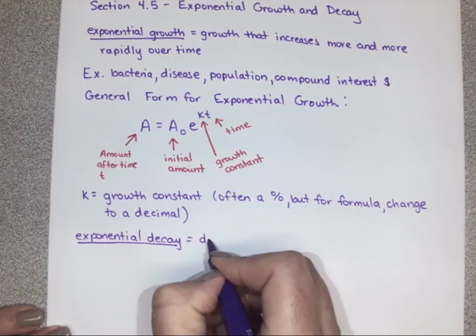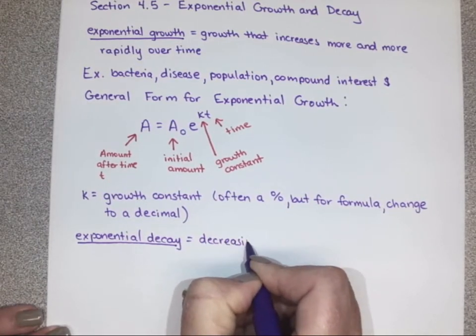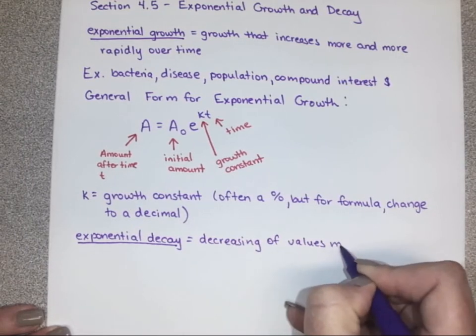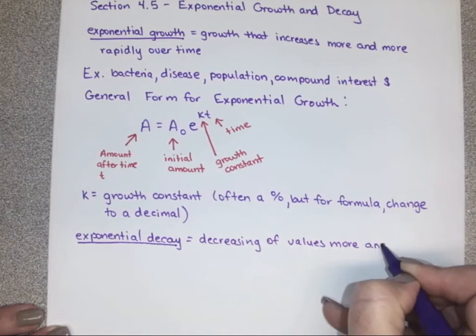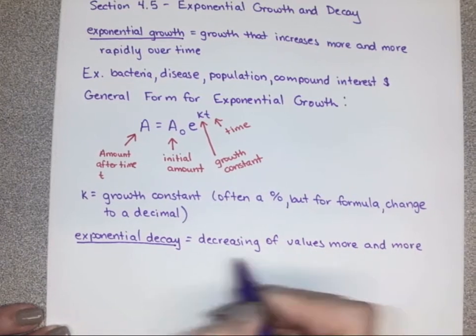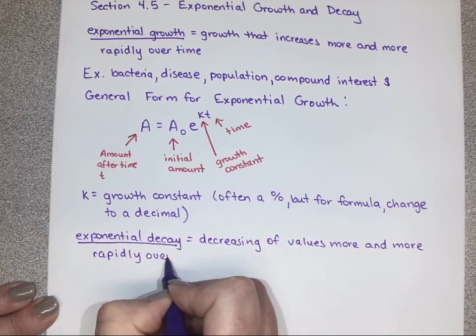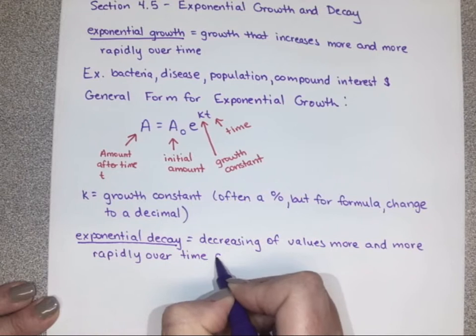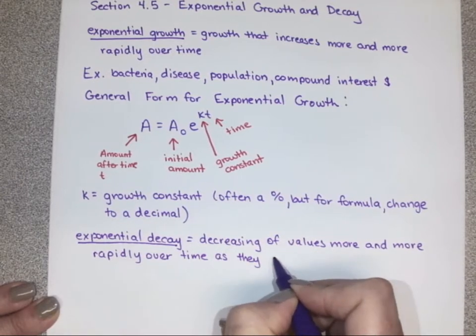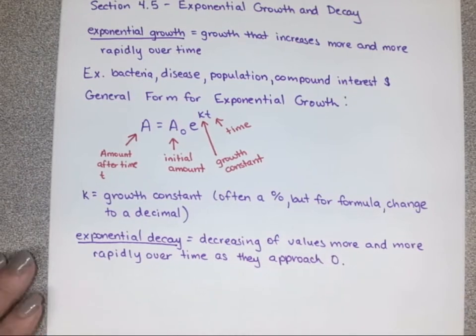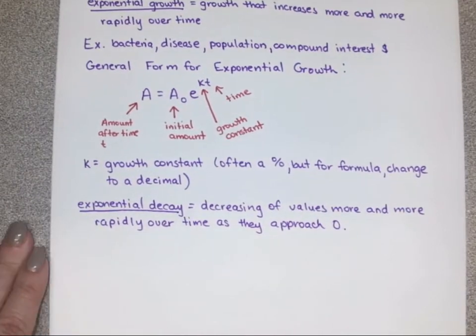But instead of a growth, it's a decreasing of values, and they decrease more rapidly as they approach 0. So growth situations mean the values are increasing. Decay situations mean the values are decreasing.